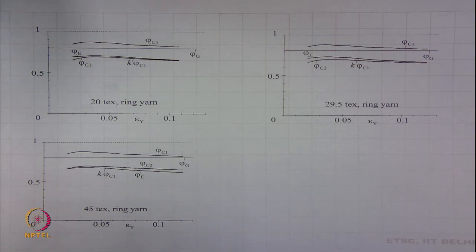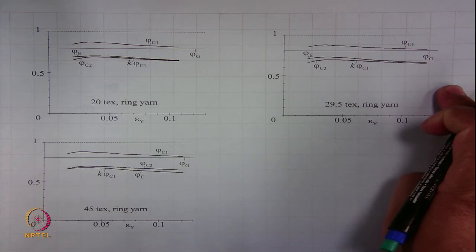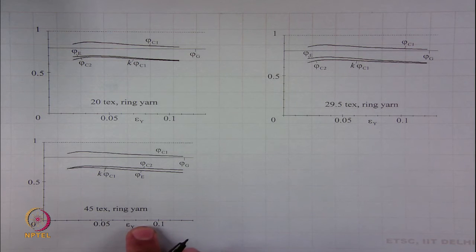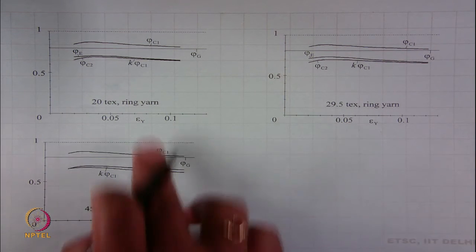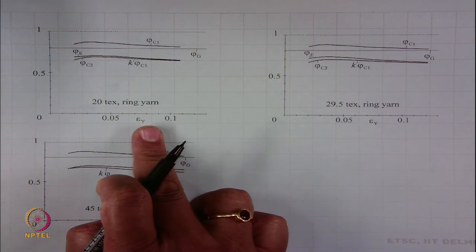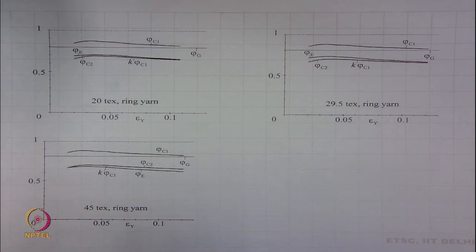This is the result. This is for 20 ticks, this is for 29.5 ticks and this is for 45 ticks. Ring yarn. Along the x axis for all these three graphs, yarn strain is plotted, and along the y axis the coefficient of fiber stress utilization in yarn is plotted, phi, lowercase phi.